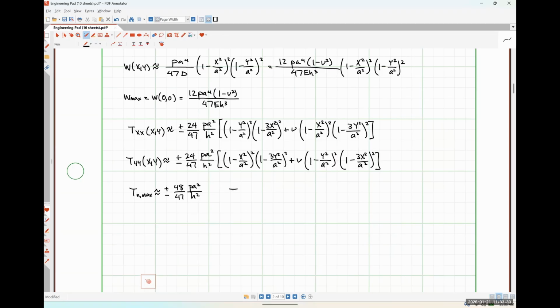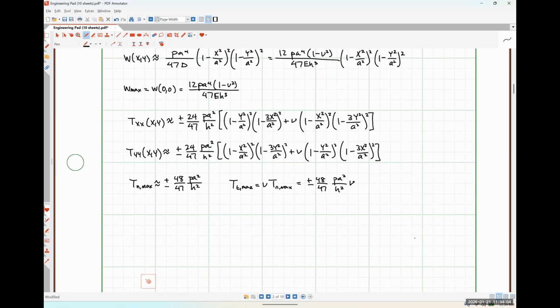And our transverse is just going to be nu times Tn max. So plus or minus 48 over 47 PA squared over H squared times nu.